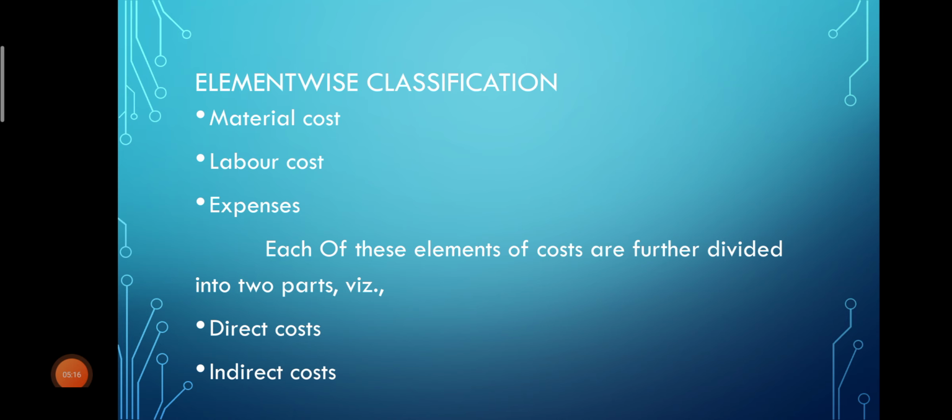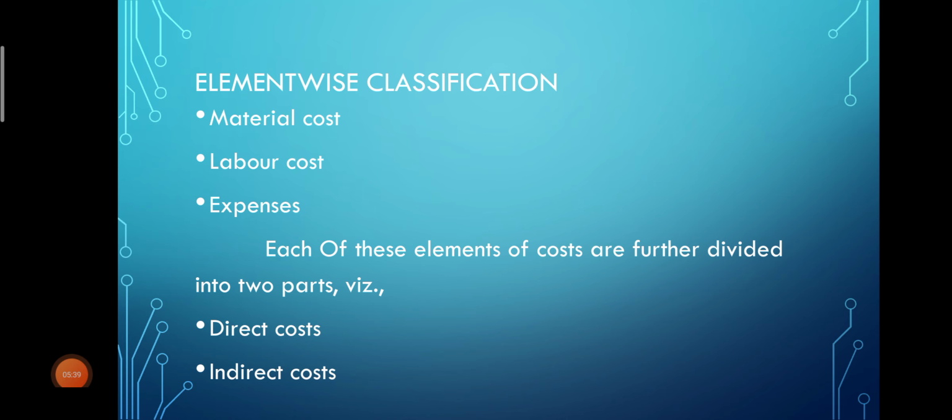Now the next classification under material cost is indirect material cost. It is the material which cannot be identified easily in the final product, which cannot be seen in the final product. An example is nails used in furniture. Nails cannot be seen in the final product.